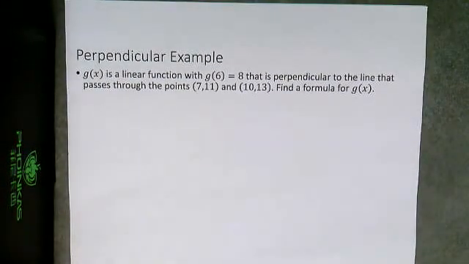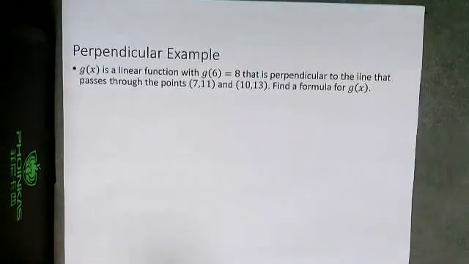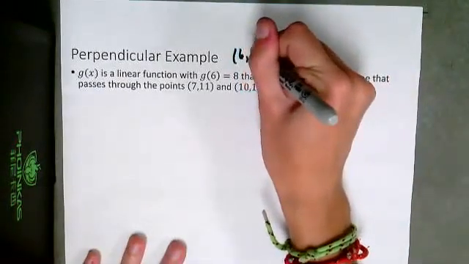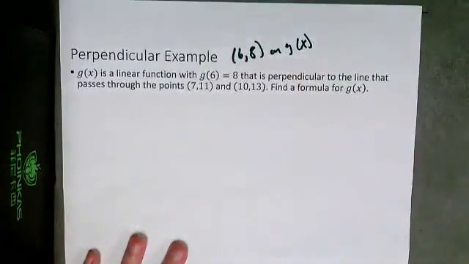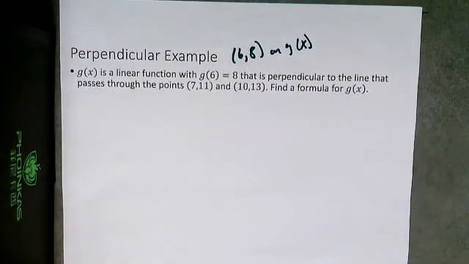Find a formula for g of x. Okay, a little bit of information here. So first things first, this gives us a point, 6, 8 on g of x. Okay, so we have a point there. Now we need its slope.